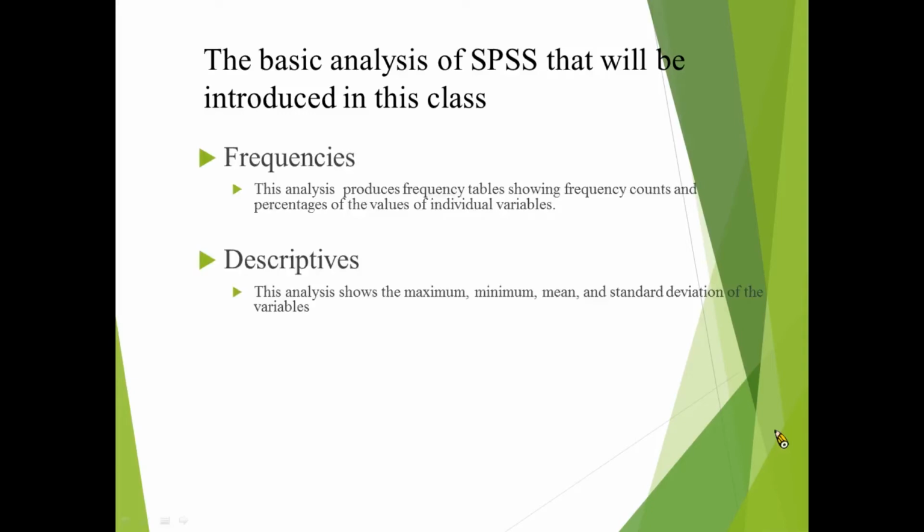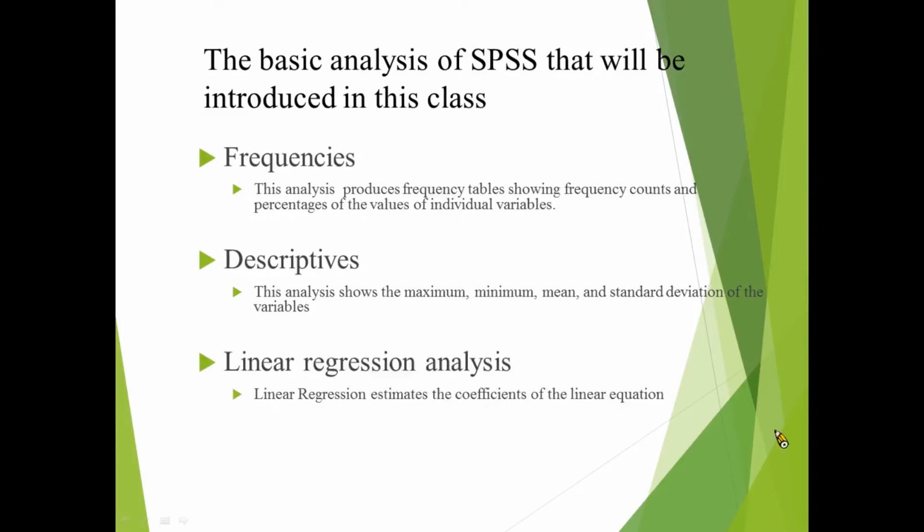So after these three examples, we can try the frequency, descriptive, and also the linear regression analysis. We will cover this in a later class. The frequency shows the table and some graphs, and the descriptive is the same. Descriptive can show the minimum, maximum, the mode or the average, this kind of information.